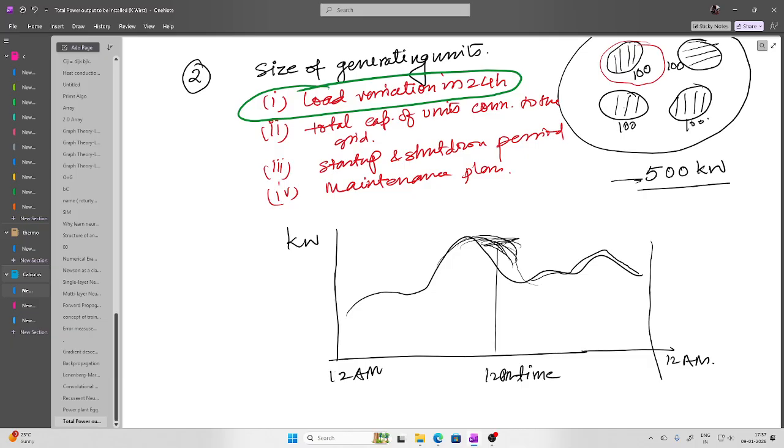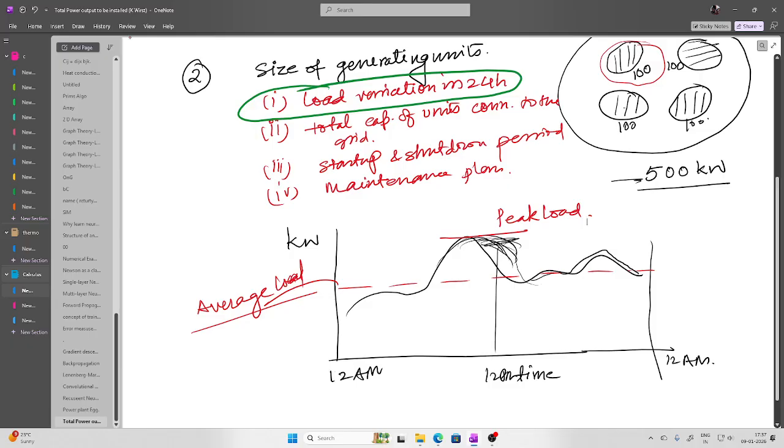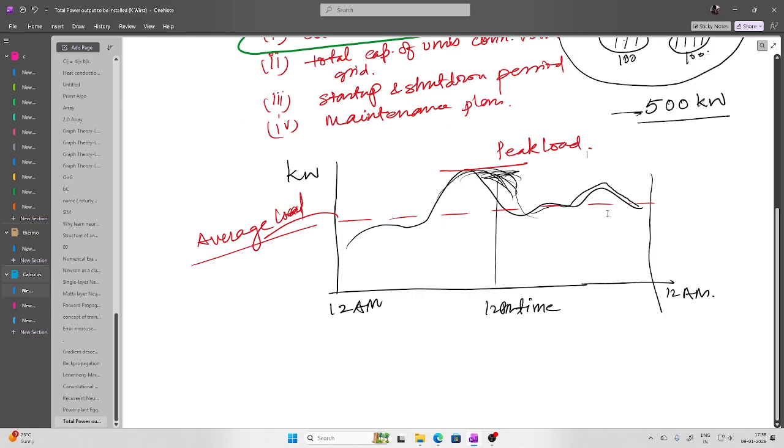Not only this, apart from this, one should also know what is the average value of it, and that average value is what we call as average load, as well as the peak load, because they are very, very important for any power plant coming into picture.